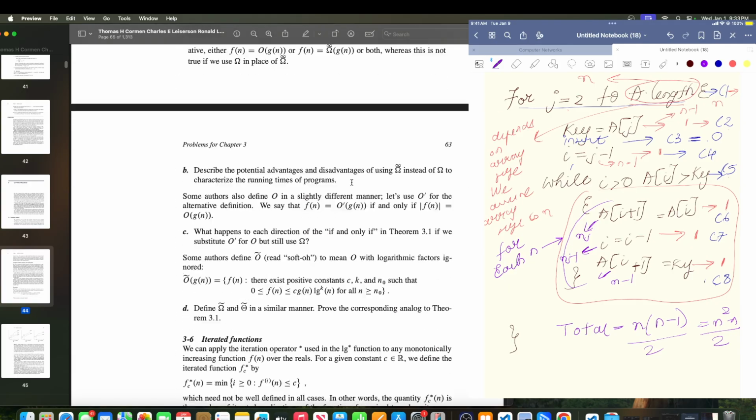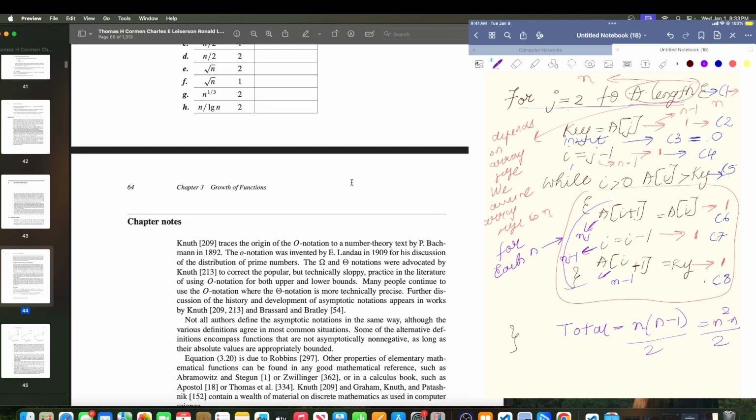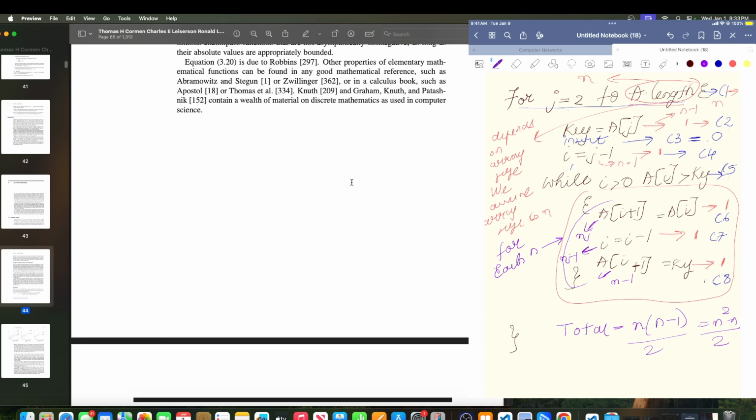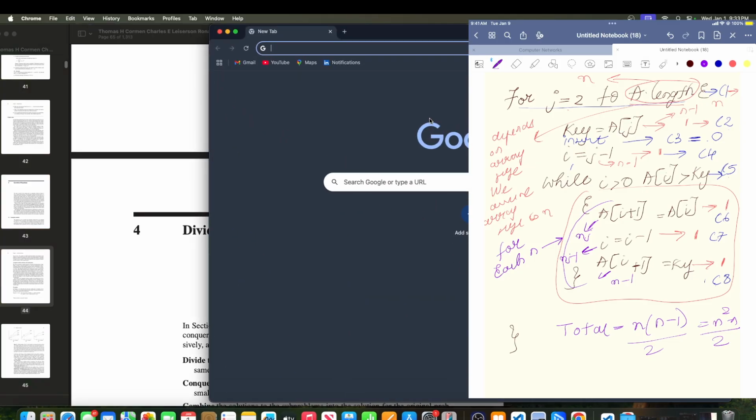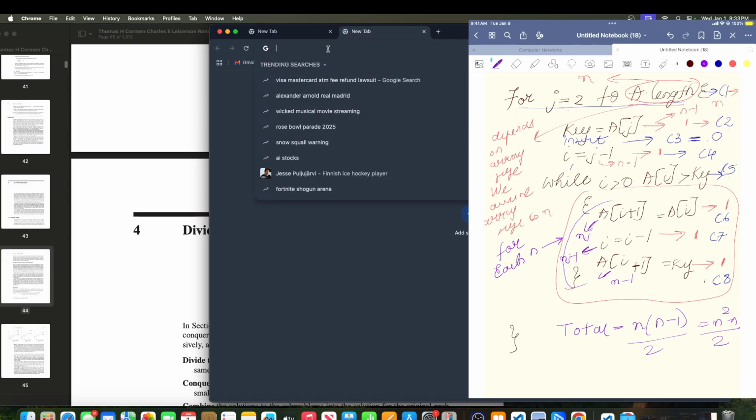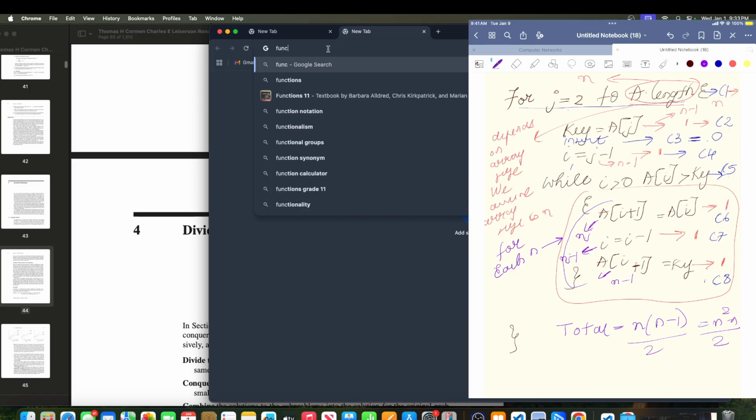This is all basically about which is higher, which is smaller. There is something you can always search for, a table which indicates different functions and their growth rates.